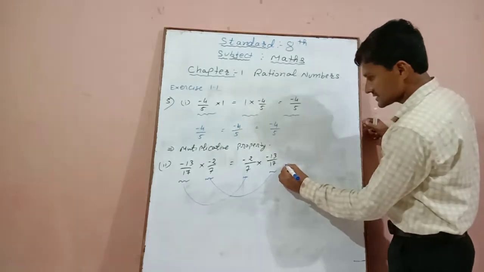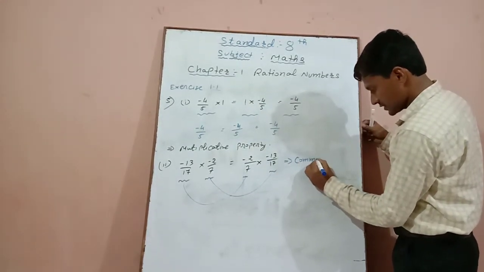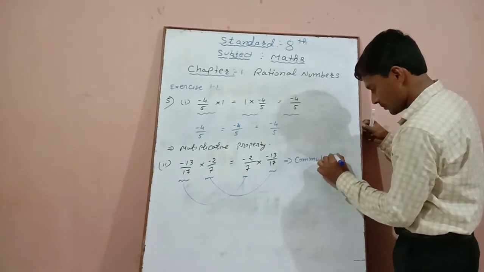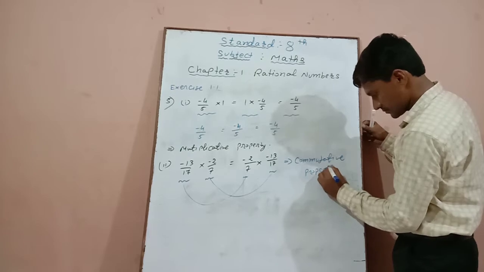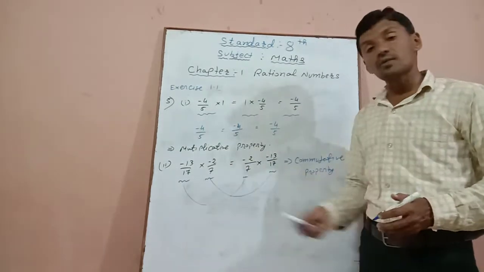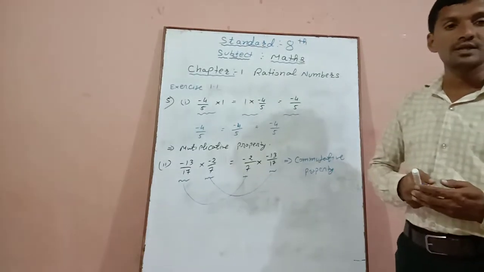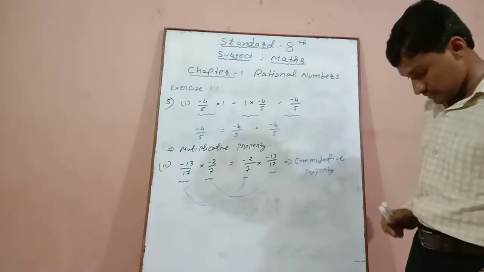So the second answer is commutative property. This is the answer number 2. How? Because the fractions are the same. Only they are changing the order on different sides. Okay.